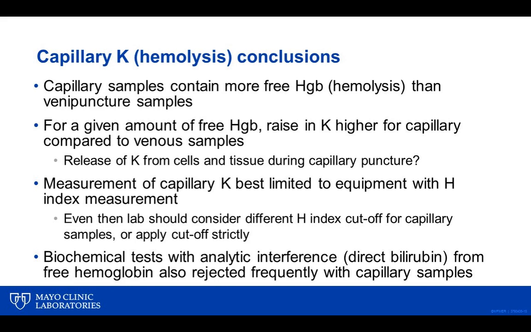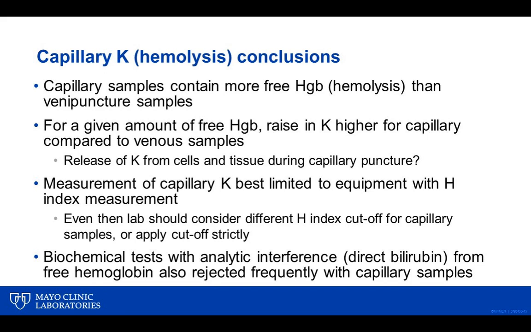Most other biochemical tests work okay, and AST and LDH would be two other examples. Lactate and ammonia, two additional ones I think I have later on, don't work that well with a capillary sample. Most other biochemical tests work fairly well. We have some tests in the lab like direct hemoglobin, where physiologically it is not a problem, but analytically the hemoglobin interferes with what we're trying to measure optically.